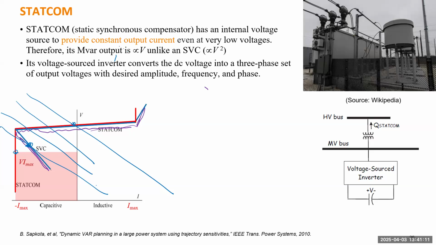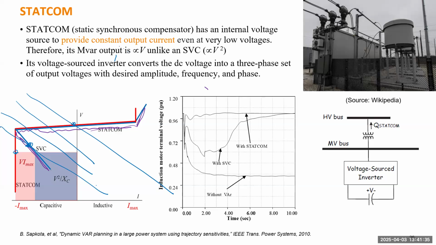If you compare the two areas, SVC has much less reactive power to the system because it will be a quadratic function. The reactive power will decline as a quadratic function of voltage. But STATCOM can maintain that large rectangular area. Even though it still decreases, it's a linear function of voltage because of the constant current.